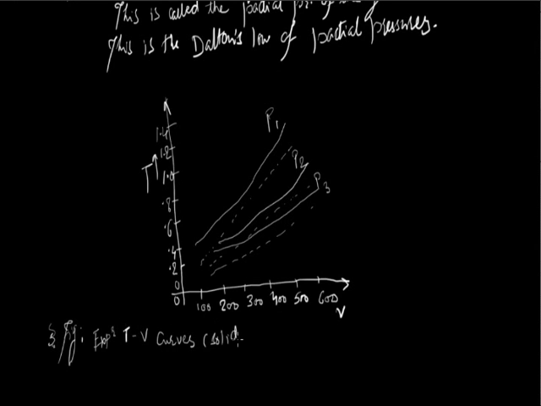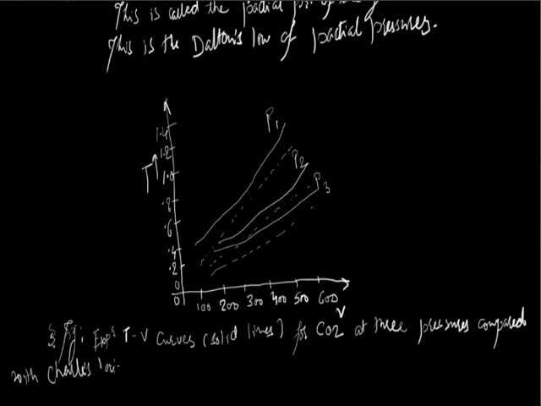These are the solid lines for CO2 at three pressures compared with Charles' law, shown as dotted lines. T is in units of 300 Kelvin, V in units of 0.30 meters.